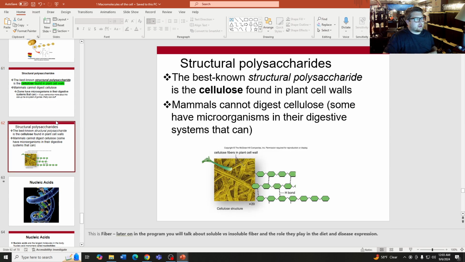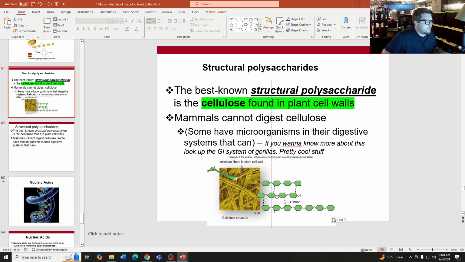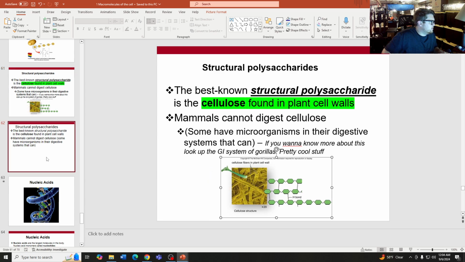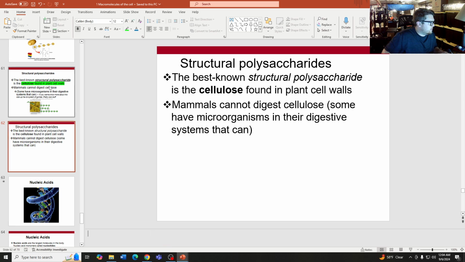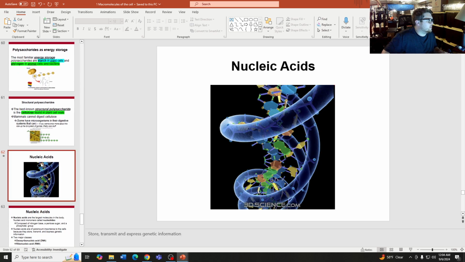Structural polysaccharides continuing. The best known. This is a repeat slide, it looks like. There we go.